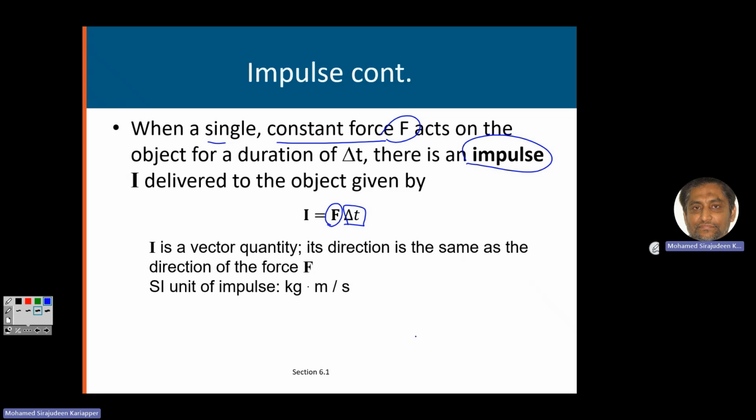So we call this product of the force with the duration of the force the impulse. And the symbol we use is the first letter of the word impulse, I. Some textbooks use J, but our textbook uses I, so we'll stick to that. So the impulse is equal to the force multiplied by the duration of the force.